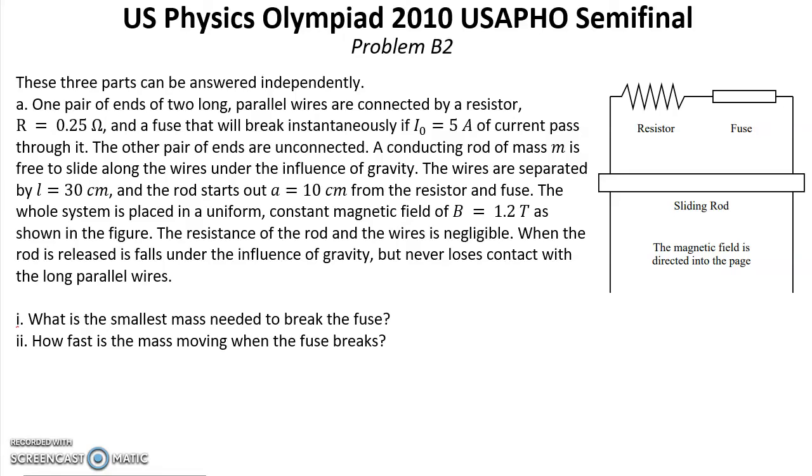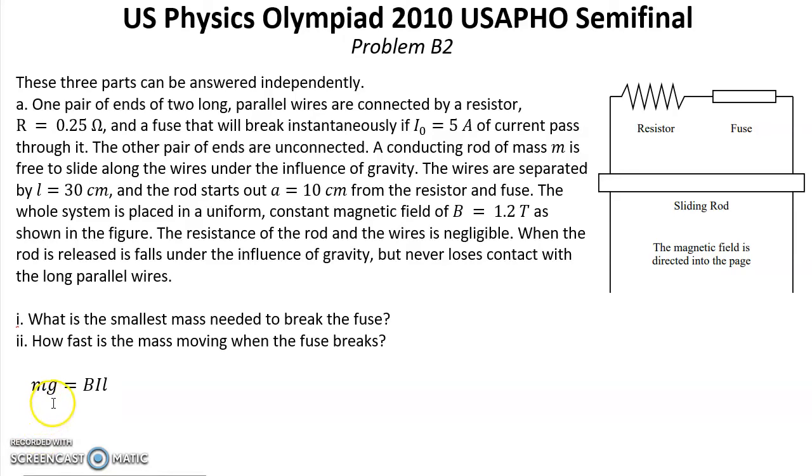So it means that from the magnetic field we will have a force acting in the direction opposite to the motion. And we can just write this equation that after a certain time this rod will reach the terminal speed.